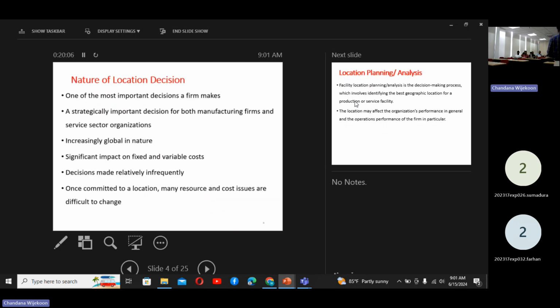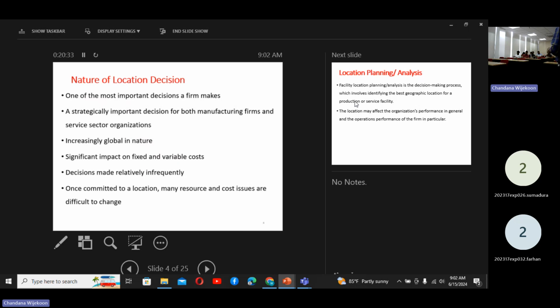When we think of this decision, what we call location planning, this is one of the most important decisions a firm makes, and equally important for both manufacturing industries and service industries. Agree? Yeah. For different reasons, by the way, but they are important.